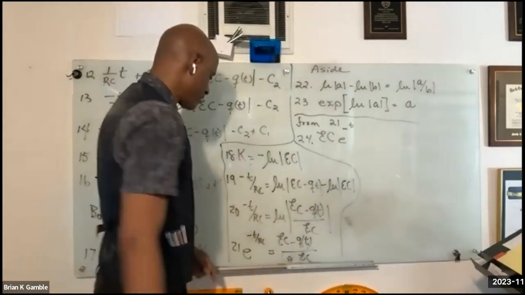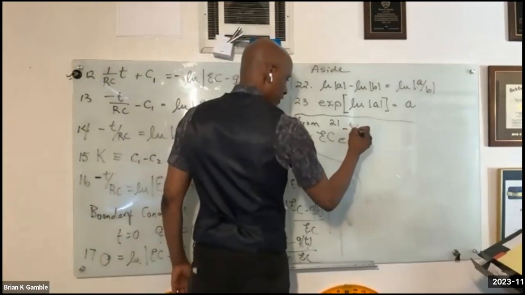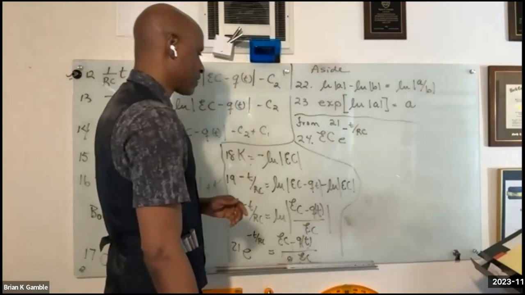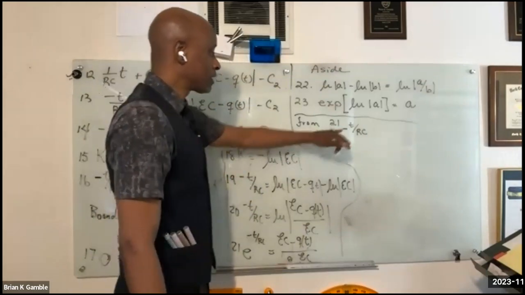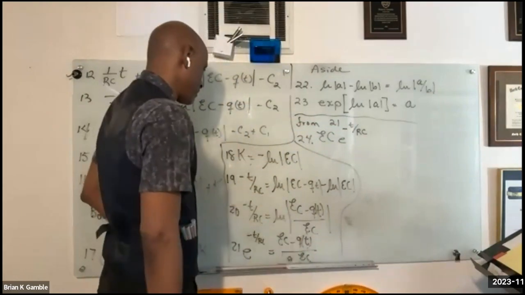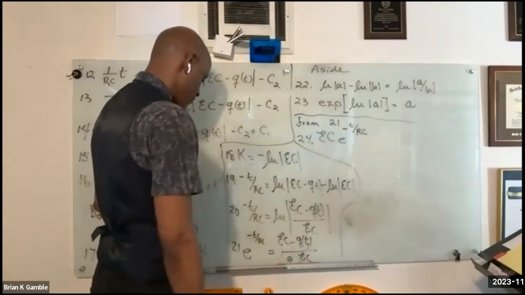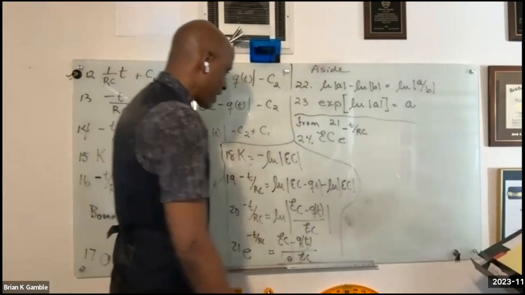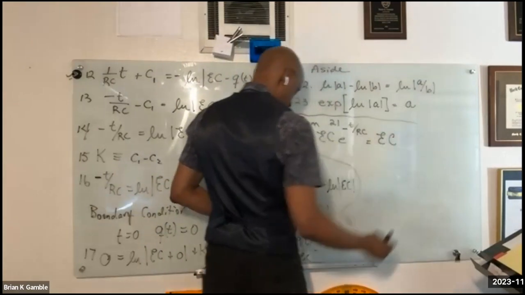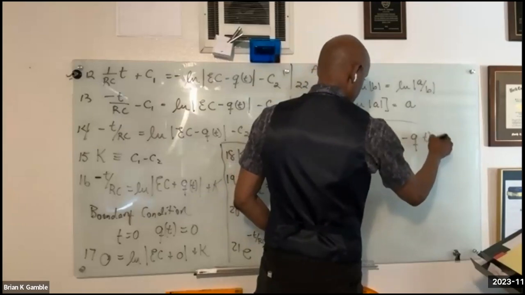An exponent has to be a unitless number, and that's where you see that RC definitely has to have units of time, otherwise it doesn't make mathematical sense. The time variable will cancel the time constant, and whatever time has transpired, you put it in there and that gives you that quantity. And on the right side, we have EMF times capacitance minus Q of T.